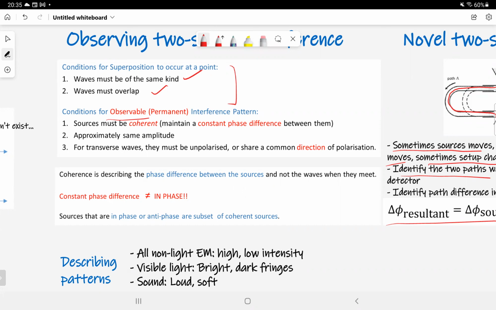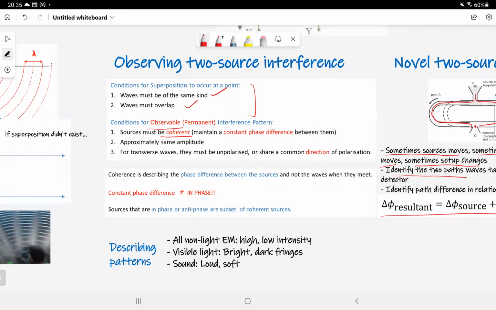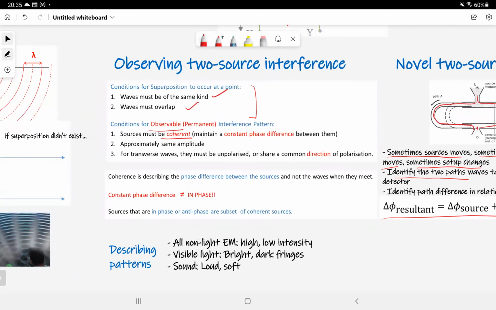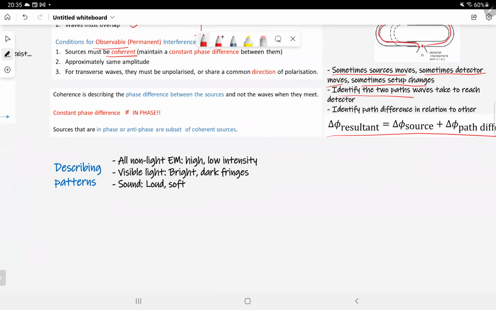So the first condition is that sources must be coherent. And coherent means what? Constant phase difference between them. They don't need to be in phase or in anti-phase. We can just use a simple diagram to illustrate this. Without going into too much detail about double slit, I'll just use this illustration.